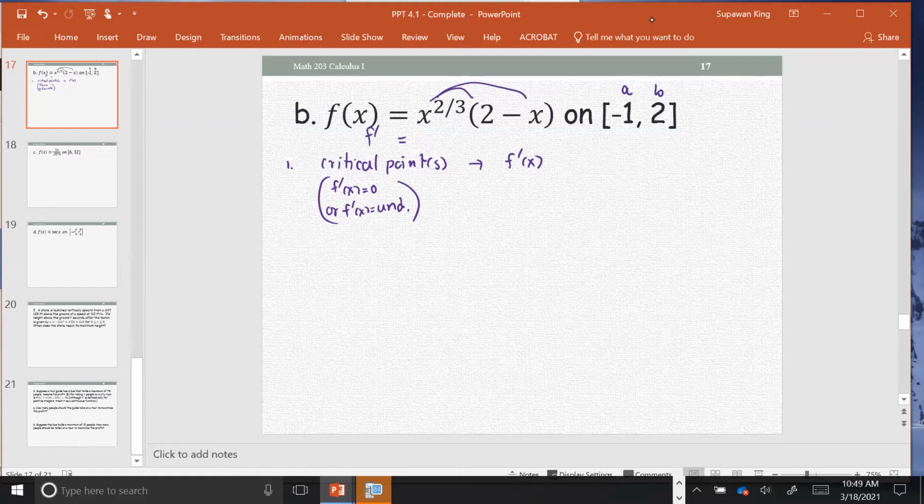Okay, go ahead. So f of x equals, the first one is 2 times x to the power 2/3. Next term, what would be the power of the x? So x to the 2/3 multiplied by x to the first. What would be the simplified power of the new x?